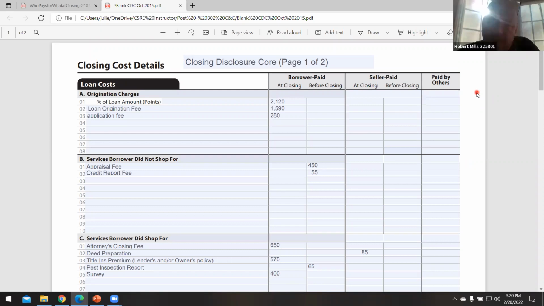Hey, Julie, since you're being so kind... Bring it on, Robert. Will there not be any amortization questions? No, we're not doing that math. Y'all listen to me. 6 math problems on your test: 4 on the closing disclosure, 2 on prorations.